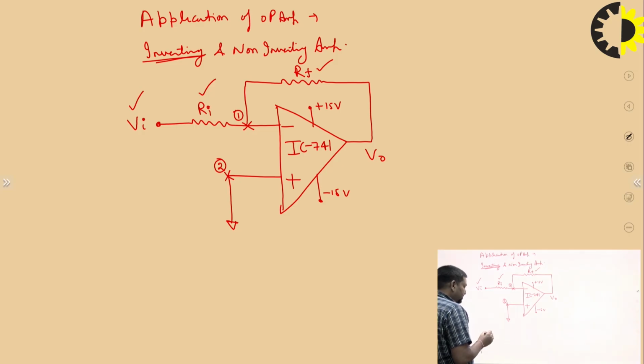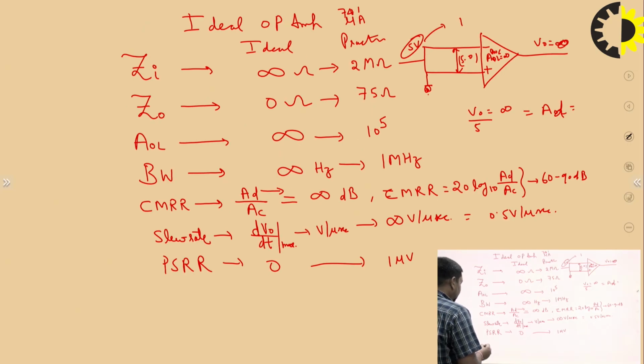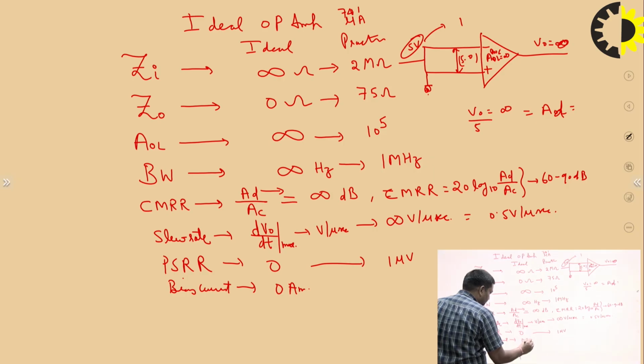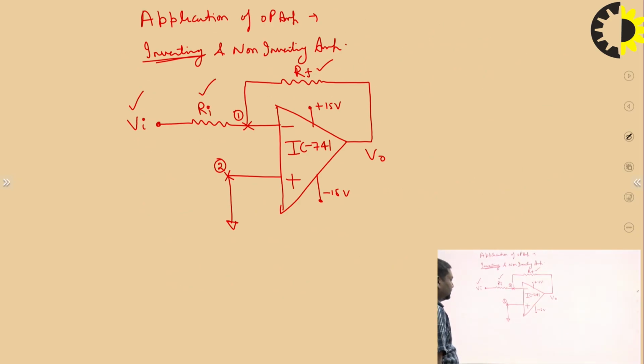So we have to see that here one more ideal op-amp characteristic is bias current. Bias current should be 0 amp. So what is the bias current? If there is a mismatch in the ground terminal, if I say this is ground, or 0 volt, but this is not perfectly 0 volt, there is some potential like 0.0001.